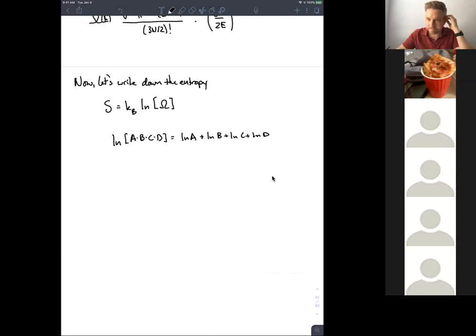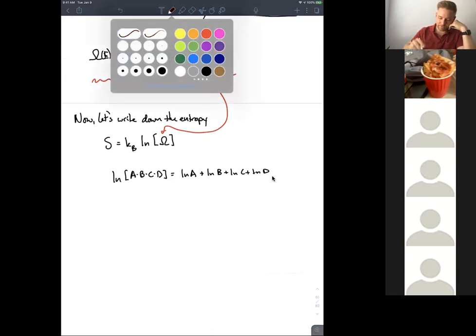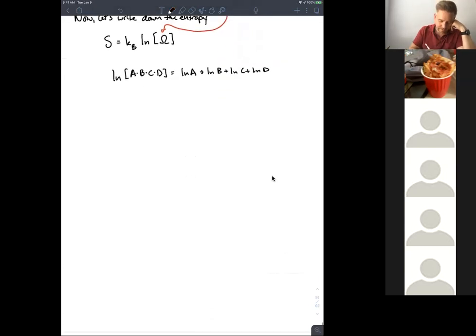Okay? All right, so what I'm going to do is take this expression for omega of E, plug it in right here and take the logarithm of it. And when I do that, I am going to get the following. The entropy as a function of the energy is equal to kB log.